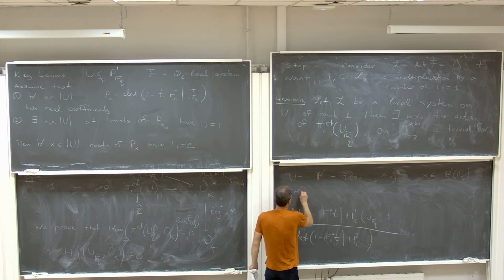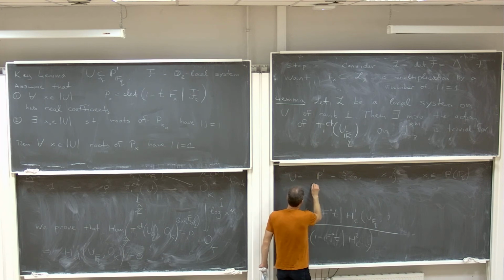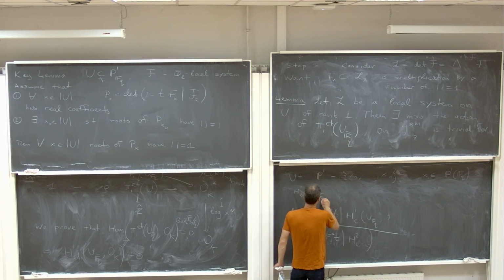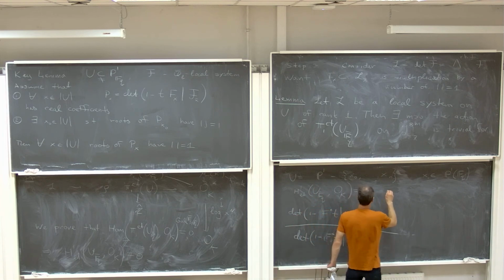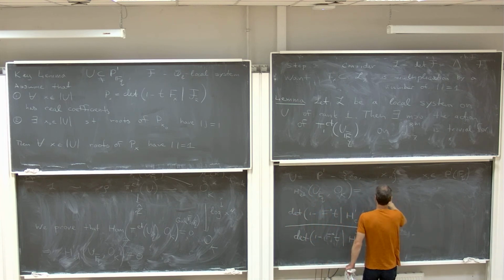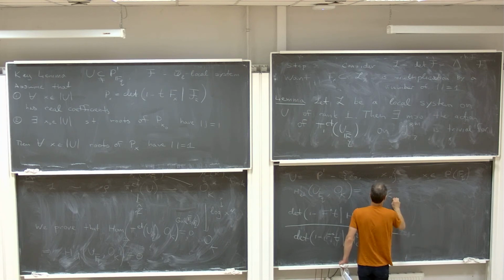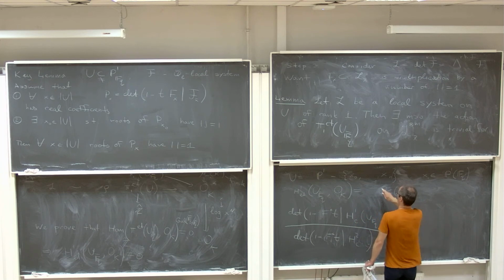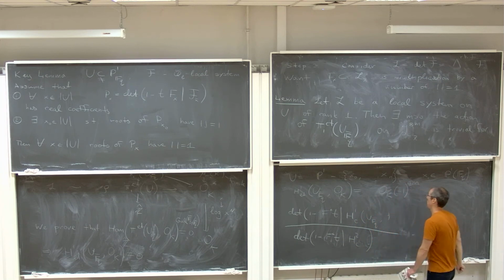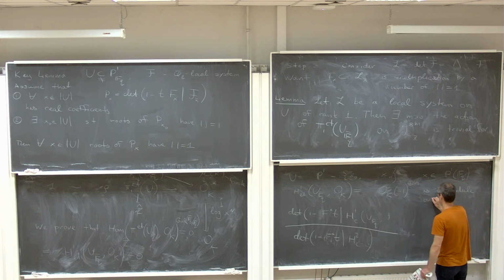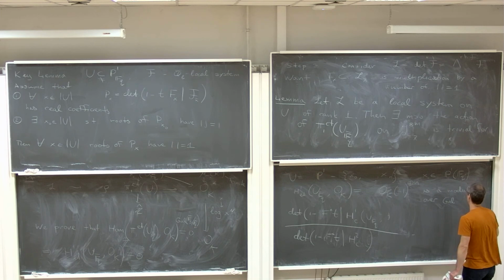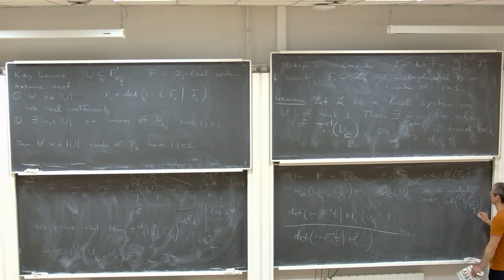So H1 étale of U over F_q bar is simply O_K(−1) to the power n, as a module over the Galois group of F_q bar over F_q, right?